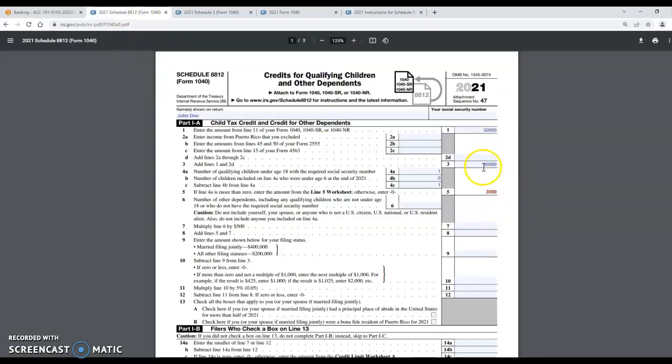So $30,000 is way less than any of those. So John's going to get the whole $3,000 for Johnny. So if you don't want to have to fill out that worksheet, you don't have to, as long as line 3 is less than those thresholds.